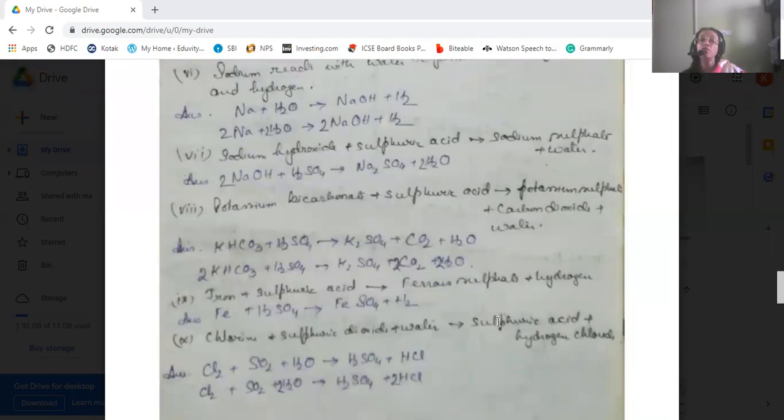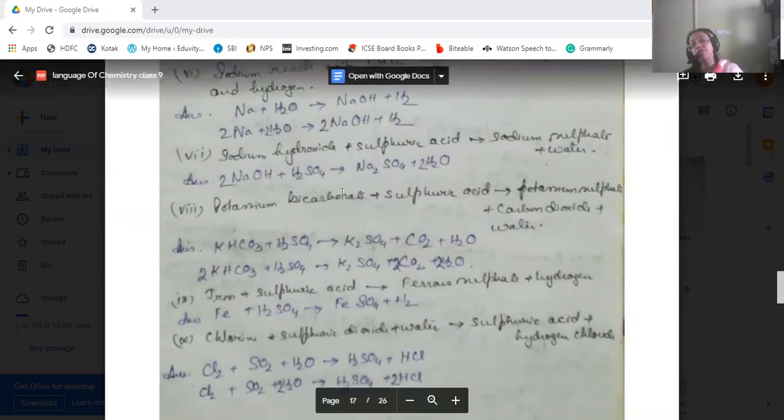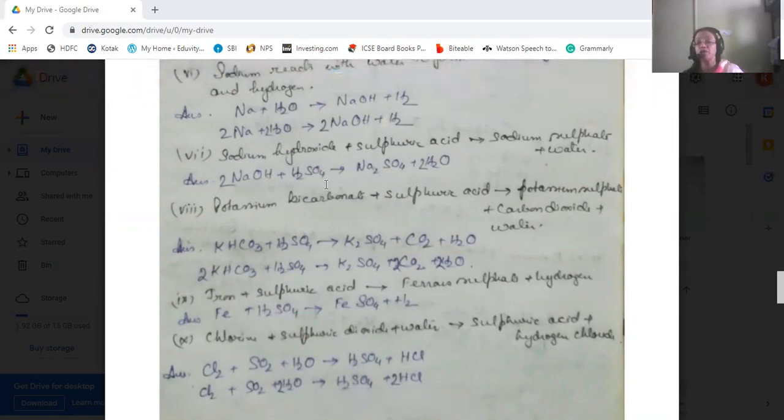Then sodium hydroxide plus sulfuric acid gives us sodium sulfate and water. NaOH plus H2SO4 gives us Na2SO4 plus 2H2O. Okay, so here we see on the reactant side, sodium has 1 atom, oxygen 1, hydrogen 3, sulfur 1, and oxygen has 1 and 4, that is 5 atoms. Sulfur 1, hydrogen 3, sodium 1.